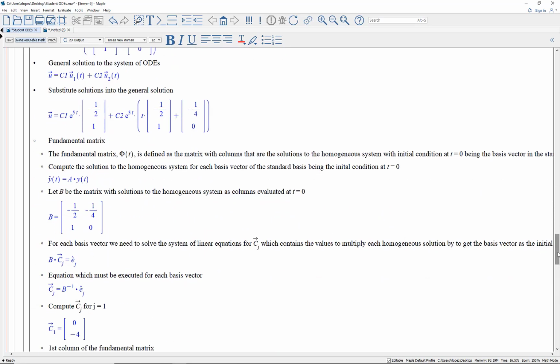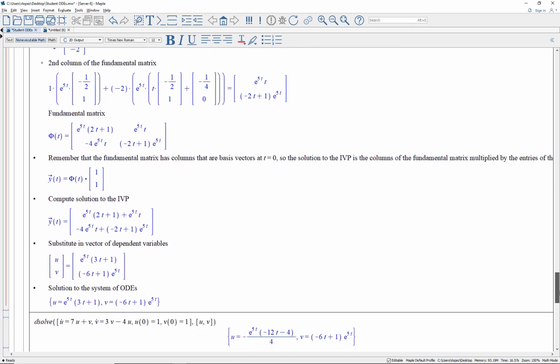If you have a fundamental matrix, you can solve the initial value problem, get this solution, and here I've checked it against a D-solve. So here's an example where you don't need to know much about Jordan form theory. You follow this algorithm, and you would get a solution to this 2 by 2 where the matrix is deficient.